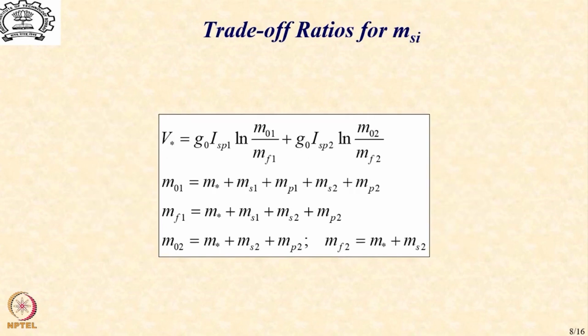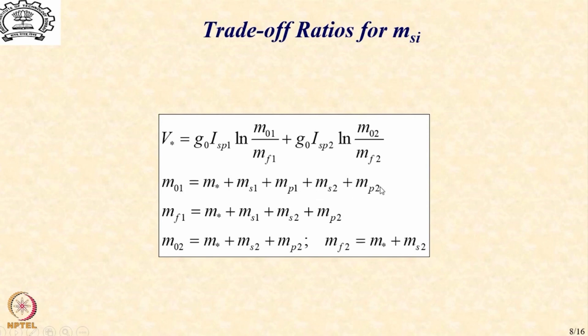Just for the sake of demonstration, let me open up the sum and write V star as the sum of velocities coming from the two stages, that is the first stage and the second stage. Similarly, let me write M01, which is the starting mass of the first stage, in the long-hand fashion as M star plus MS1 plus MP1 plus MS2 plus MP2.